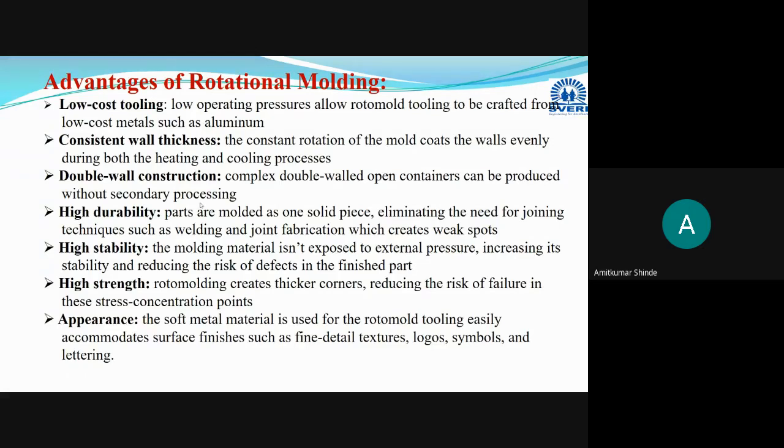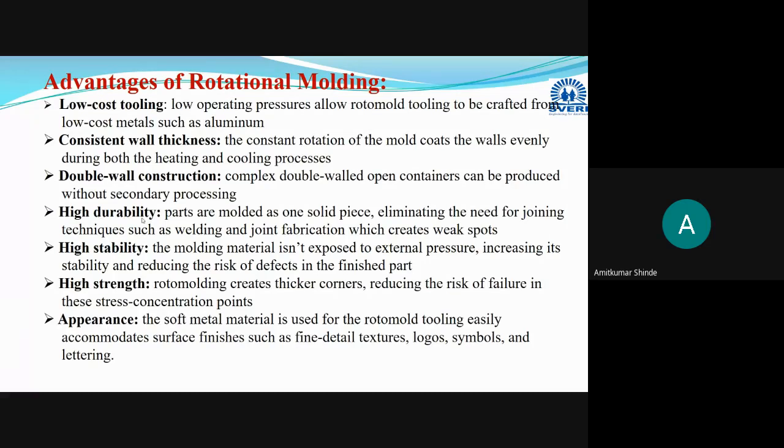Then whichever components are manufactured with the help of this rotational molding process, these are having very high durability, or their life is very high, or you can say that they will last for 20 years or 30 years.